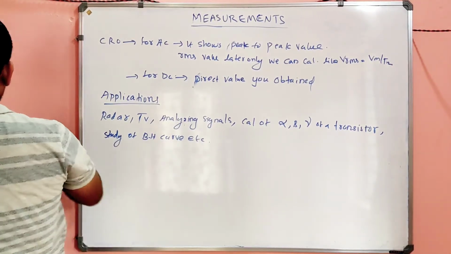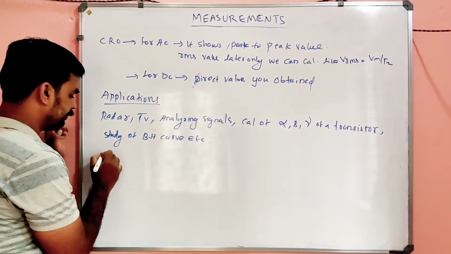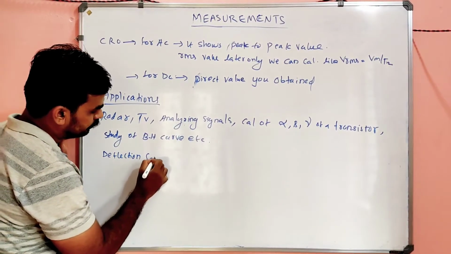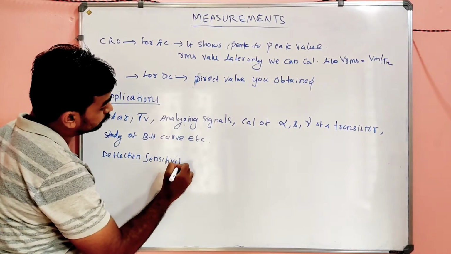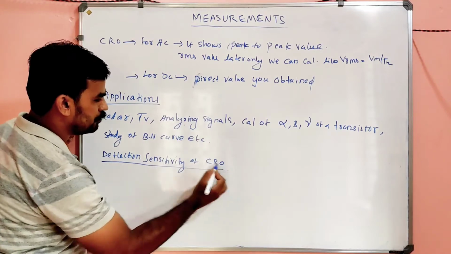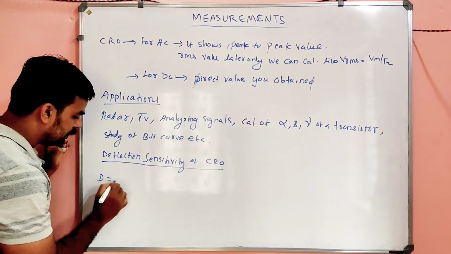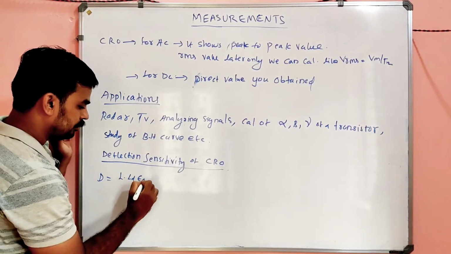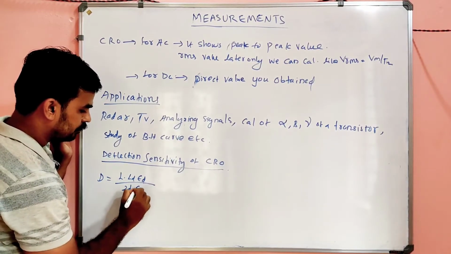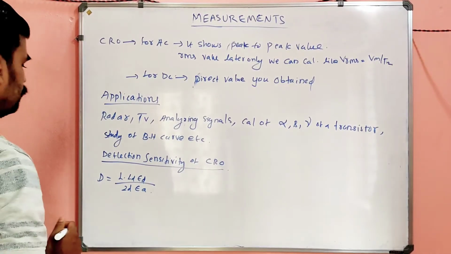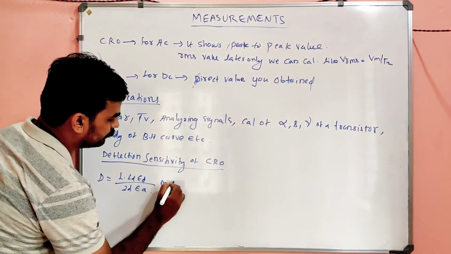Next, deflection sensitivity. There is an equation here: D equals L l d Ed divided by 2 d Ea, in meters.